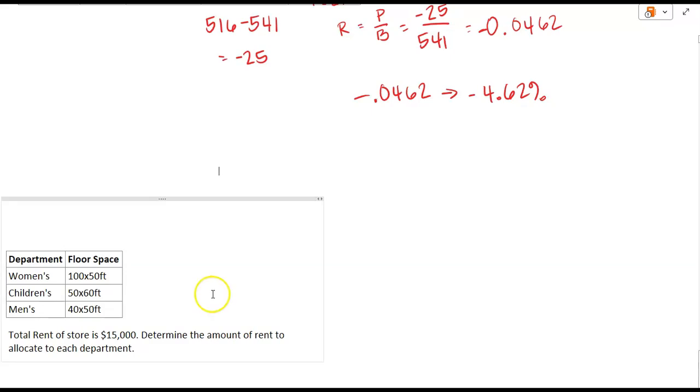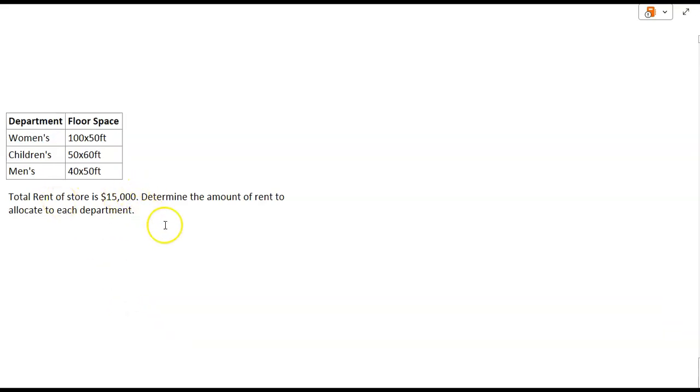Okay, and so let's look at this final example. This deals with calculating floor space, or even some other measurement where we need to figure out allocations. Let's say that the total rent of a store is $15,000, and it's divided up into 3 different departments in this one store.